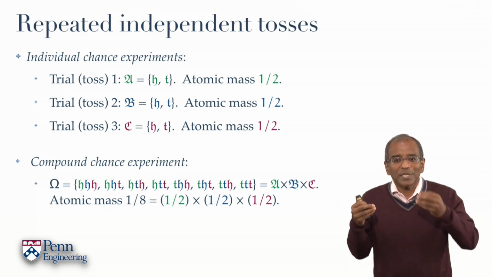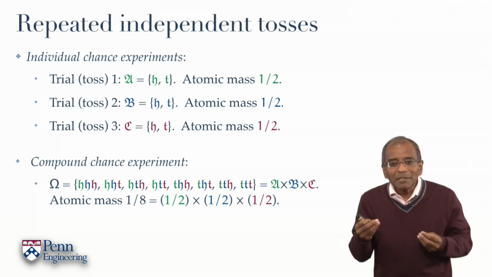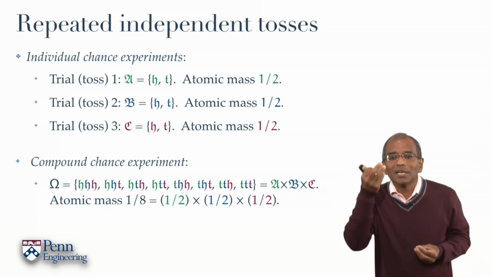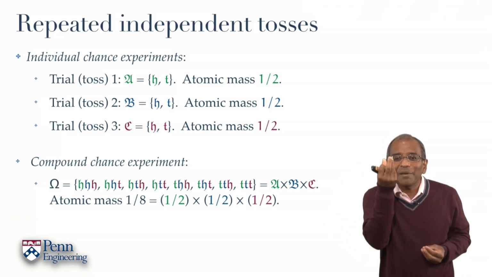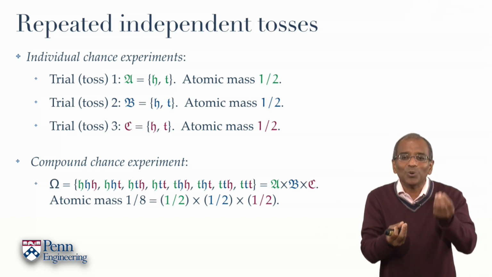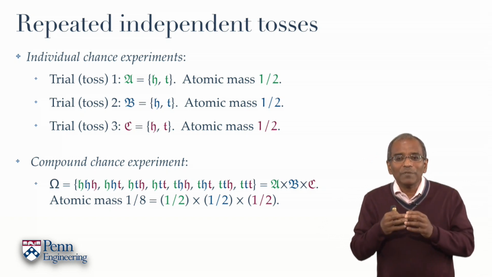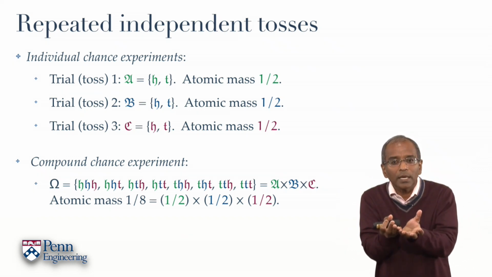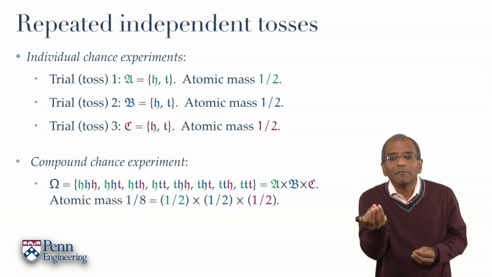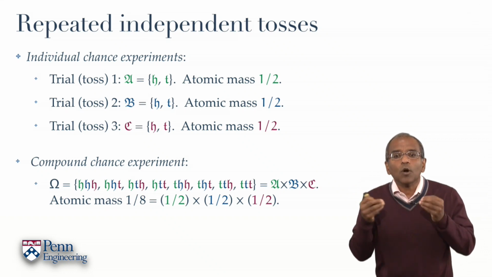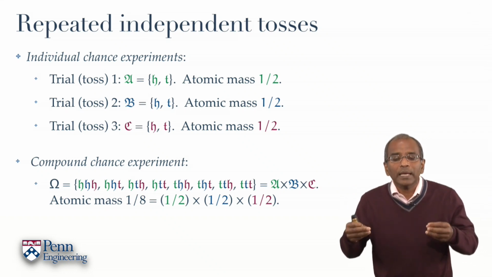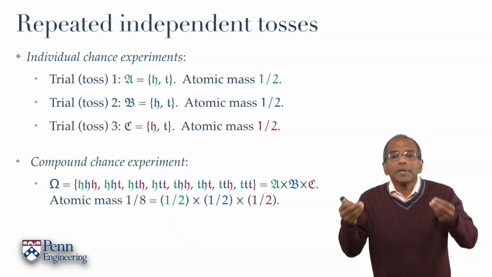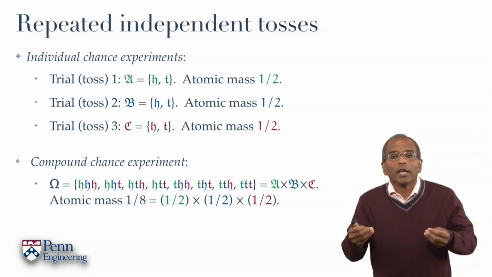I want to allocate the probability 1 in 8, which I identify as a product of the individual atomic masses, a green 1/2, a blue 1/2, and a maroon 1/2. We've decomposed the atomic mass probability into a probability of individual atomic masses corresponding to each of the trials. This is what, at heart, we mean by a repeated independent trial.